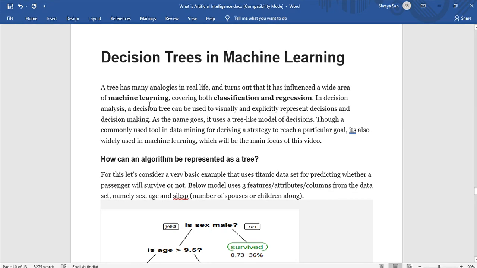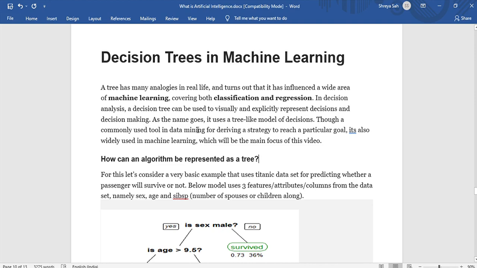So what are decision trees? A tree has many analogies in real life, and it has influenced a wide area of machine learning, covering both classification and regression. As I said, decision trees can come under both classification and regression. In decision analysis, a decision tree can be used to visually and explicitly represent decisions and decision making.